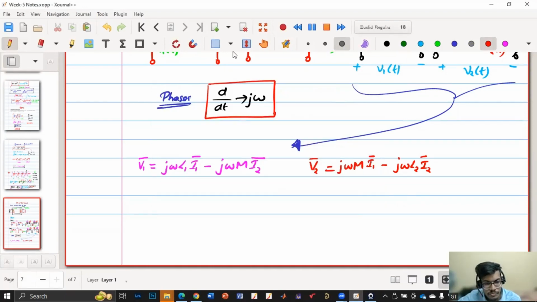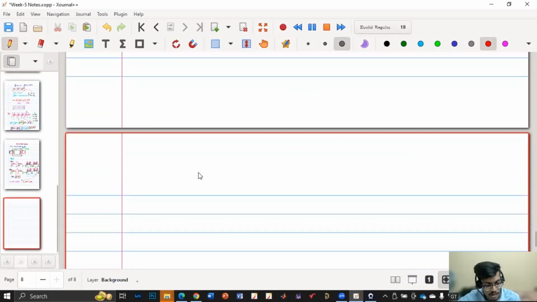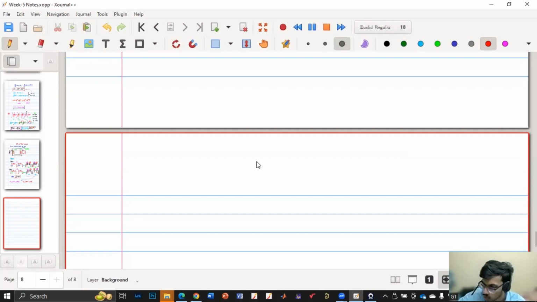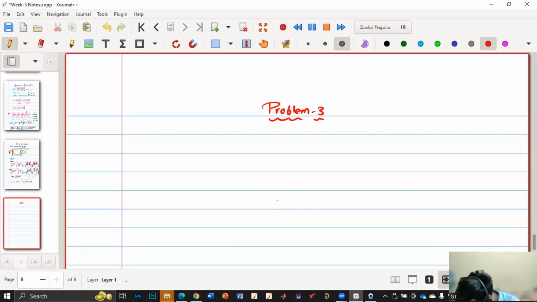So let me just take one quick example, which will be helpful to understand the concept better. So now we are in problem 3, self and mutual inductance. Here I have one problem.